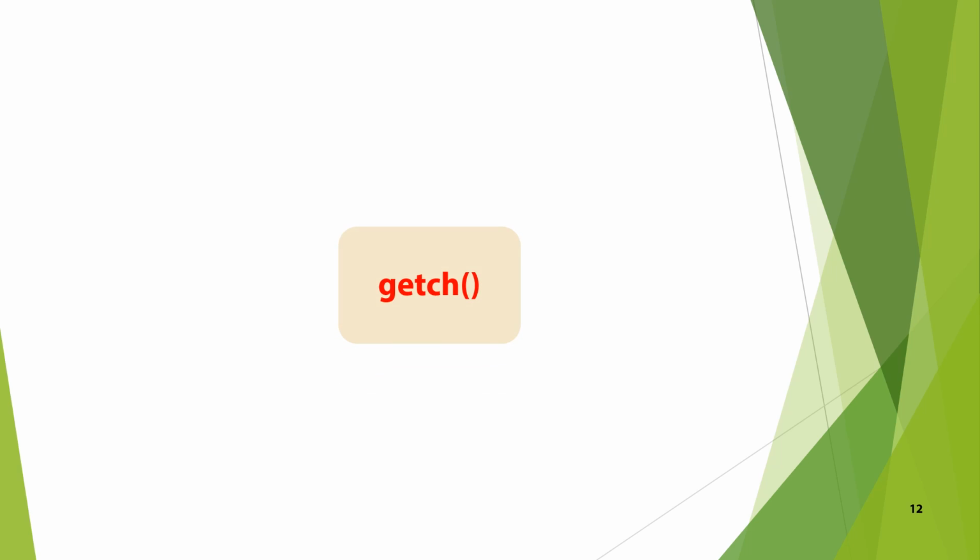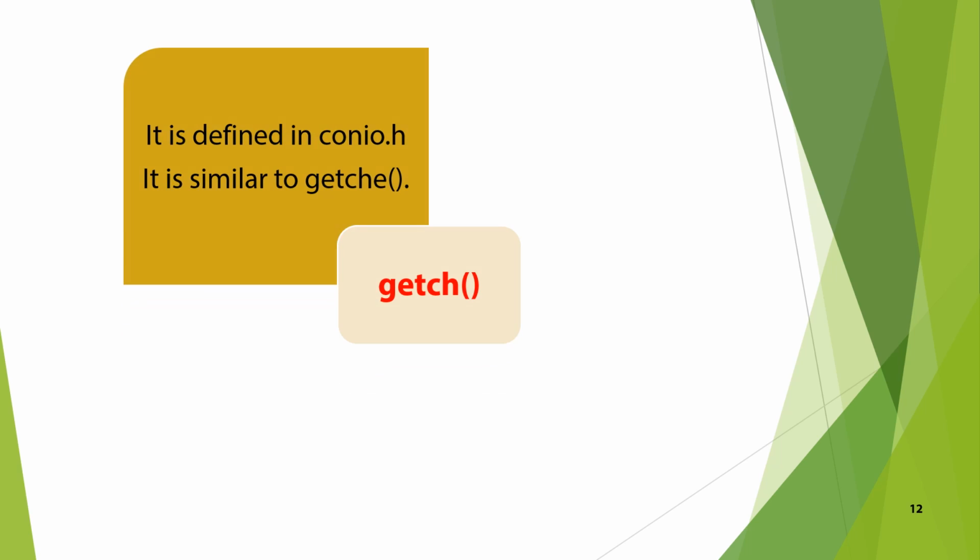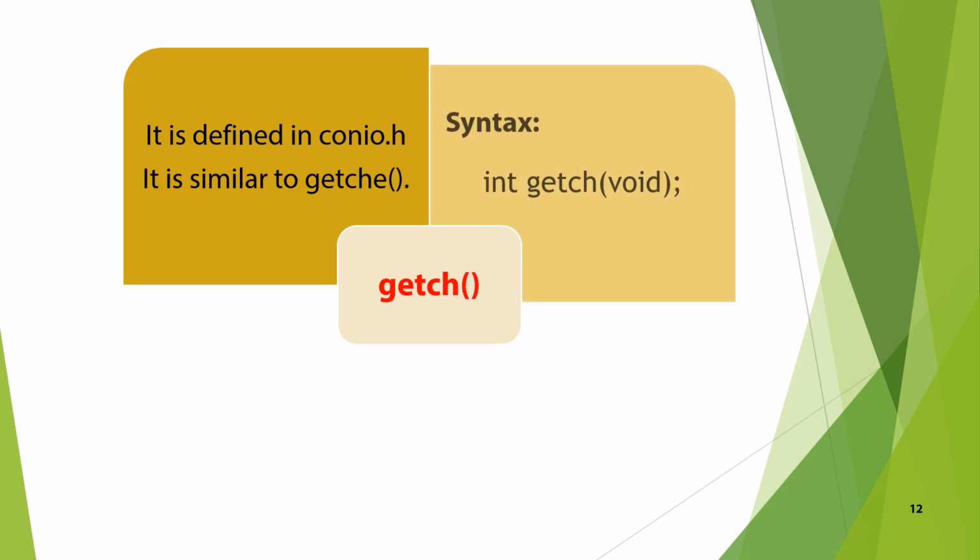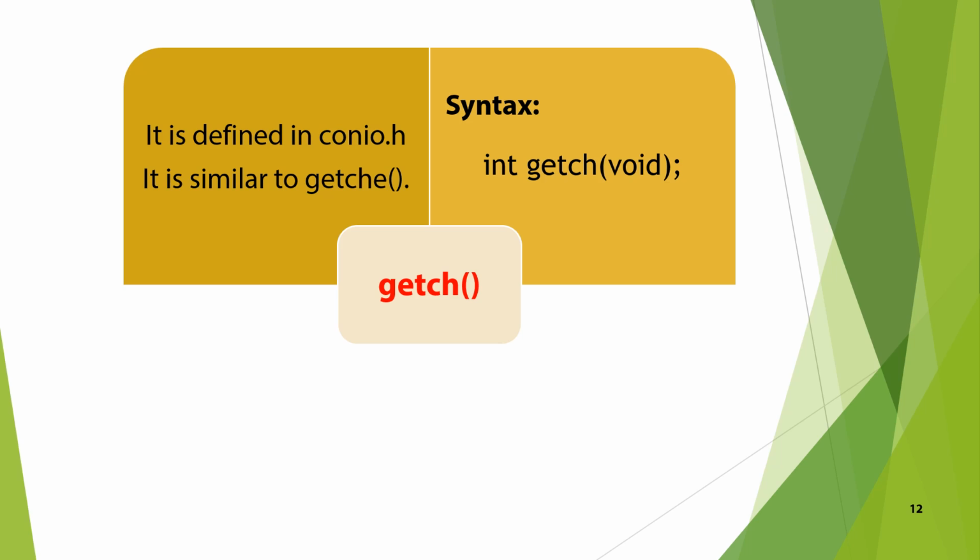Now the last function is getch. This function is also defined in the standard library conio.h, and it is very similar to the previous function we discussed, getche. Its syntax returns an integer value. The function name is getch, and as a parameter we pass nothing, an empty list.